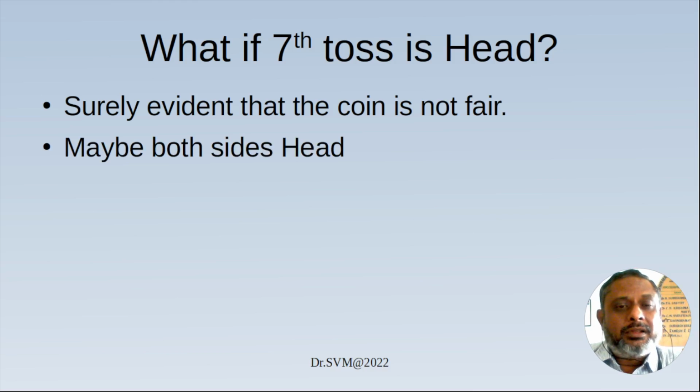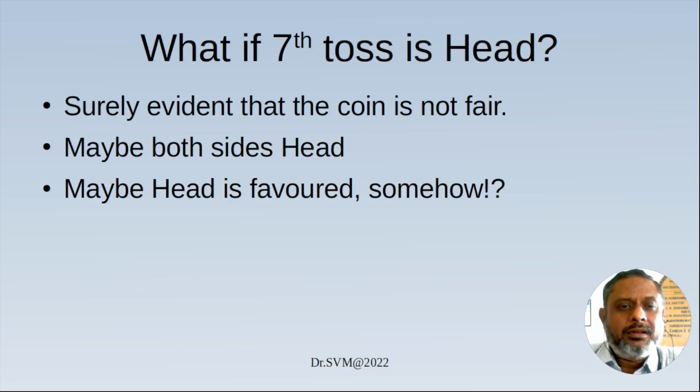Yeah, it's possible that both sides are head. Very much possible. Just keep tossing any number of times, you keep getting head because both sides are head. Or in some way it is designed such that all the time or the majority of the time head is favored. Somehow it is done.